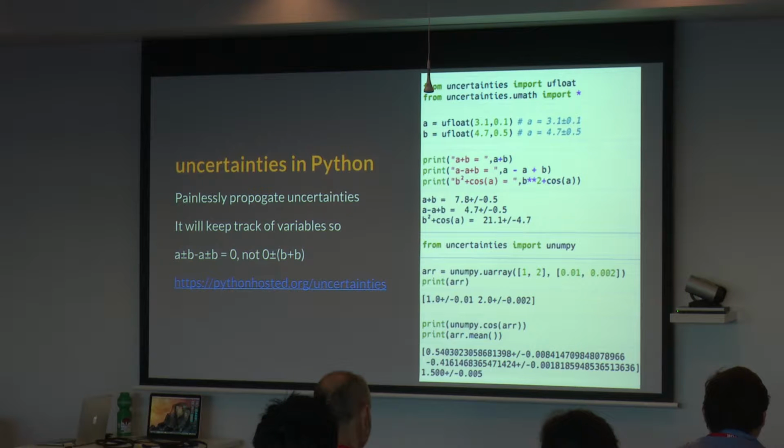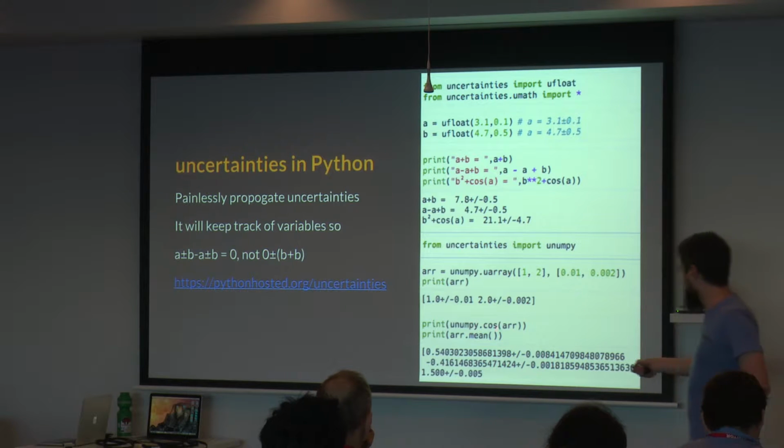It doesn't try to make it 0 plus or minus something. So what you'll see here is A minus A plus B is just equal to B, 4.7 plus or minus 0.5. It also has a NumPy-esque structure, so you can have uncertainties in a NumPy array. There's a bunch of ways of doing it.